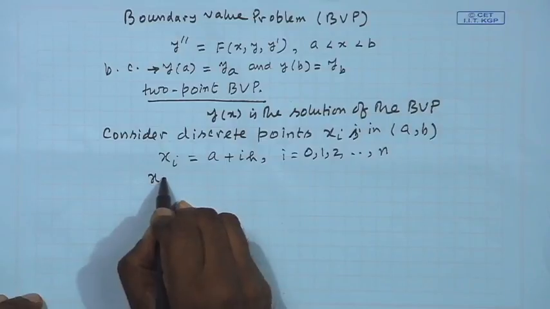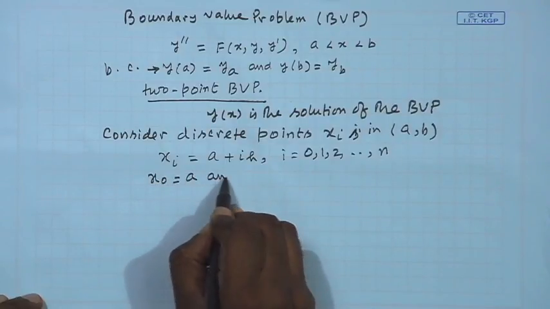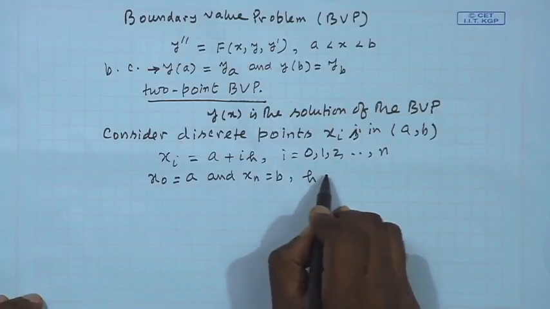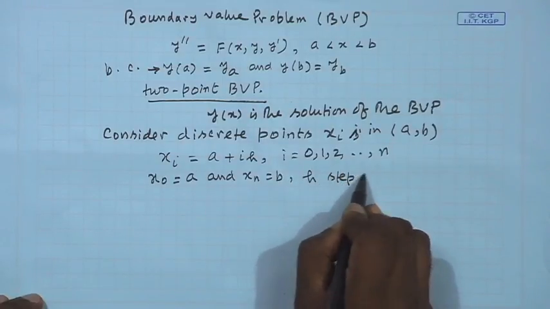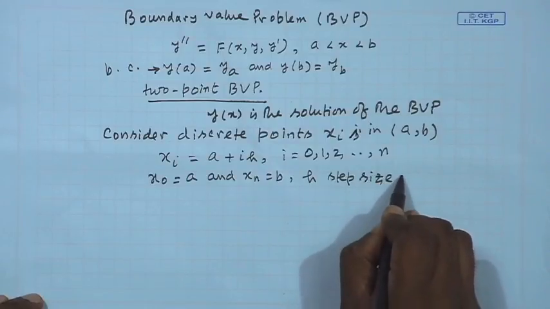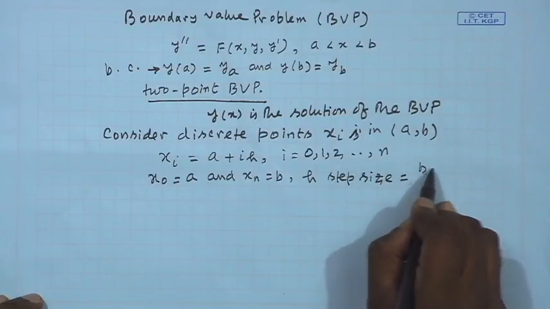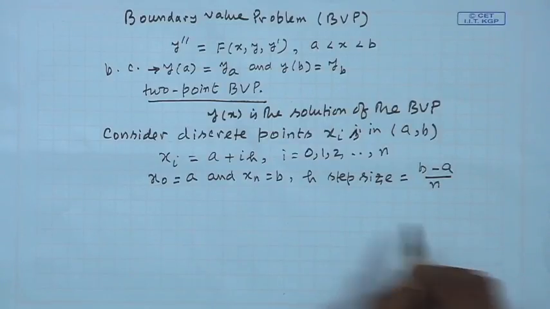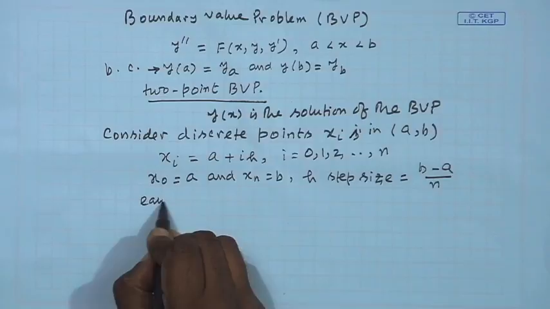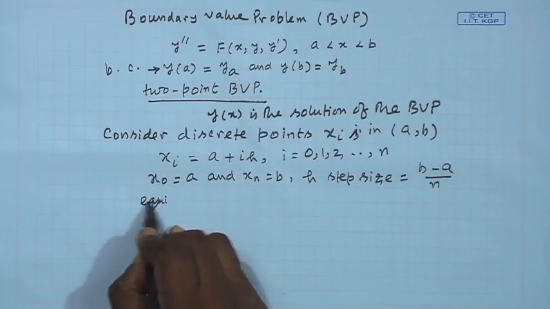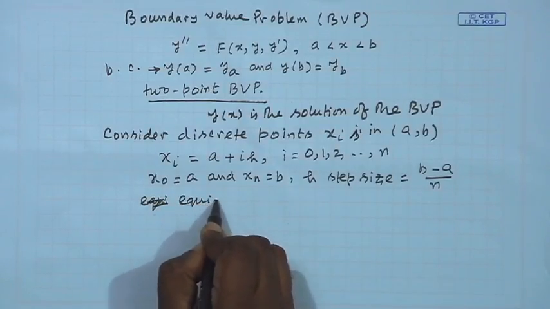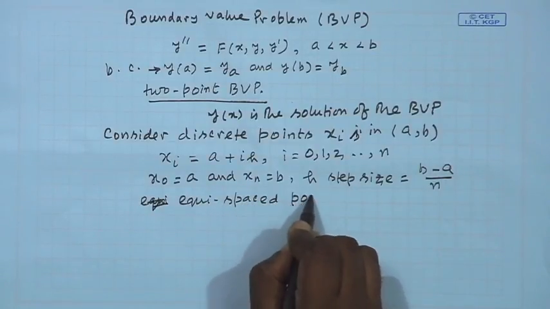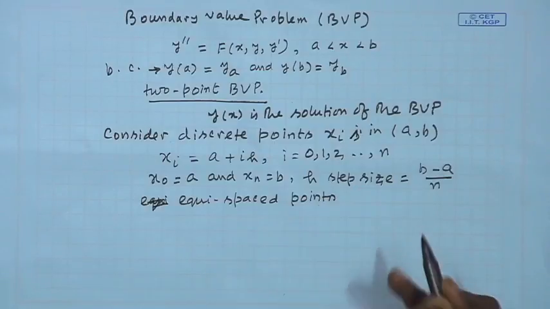With our notation, x_0 is a and x_n equal to b, and h is the step size, which becomes (b minus a) by n, where n is the number of intervals. These are called equispaced points.